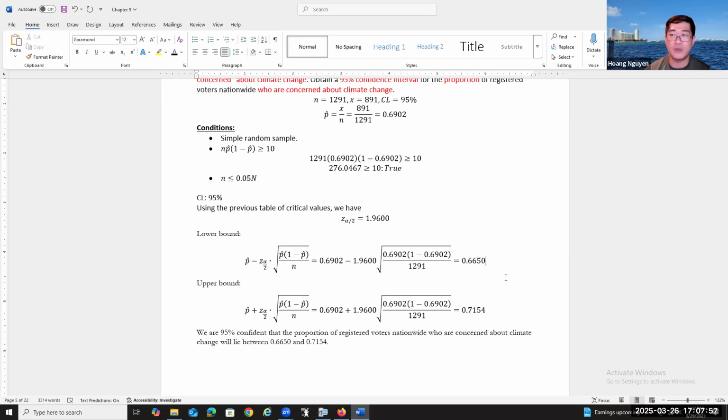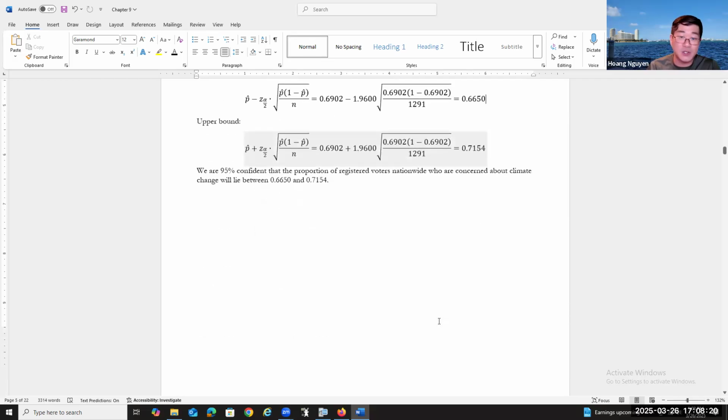You might pause the recording for a few seconds and take a look at this work again, and then review it until you feel more comfortable. So this is how you work out the confidence interval by hand, using the formula step by step. Luckily, we do have a shortcut on the calculator that you might use to get the answer.